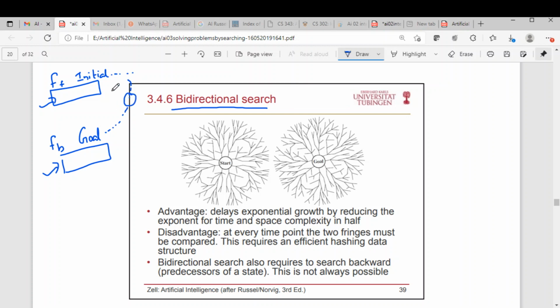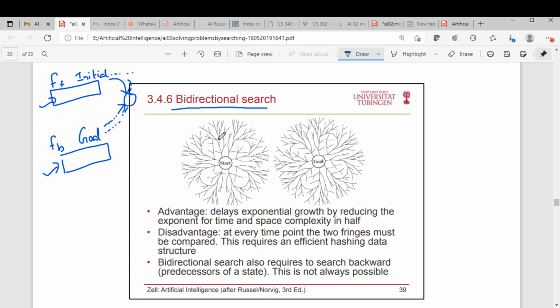Once they meet, you already have the solution, because the backward search contains the path from the goal state to the place where you have met. Similarly, the forward search contains the list of nodes from the initial state to the state where you have met. So this is how bidirectional search works.